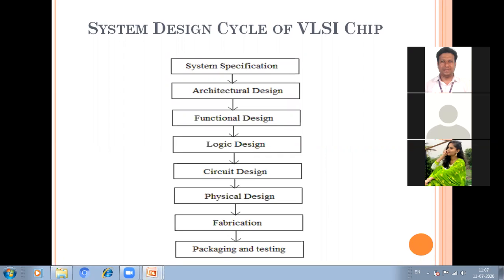Okay, so the next step is logic design. In the logic design, RTL is used. RTL is the register transfer level, and RTL is expressed in the hardware description language, that is HDL.